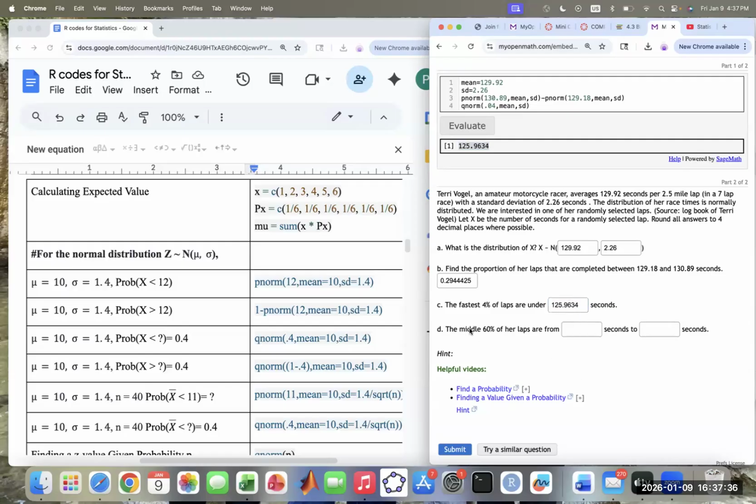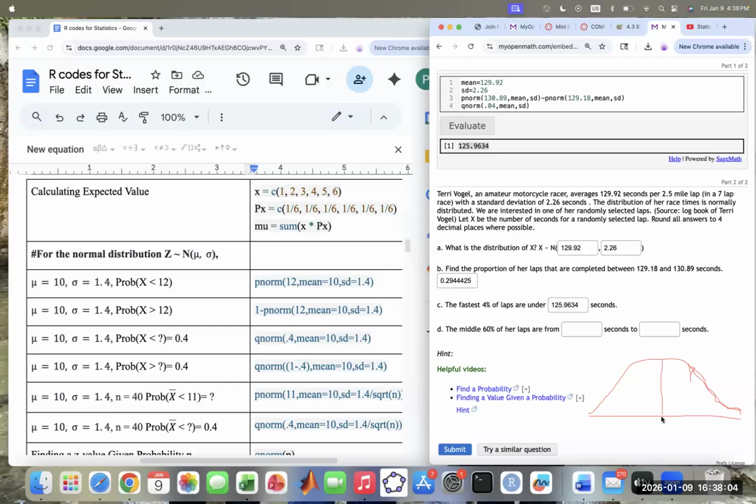Now this one here is something different, so let me draw it for you to see. My drawing is kind of messy, but here is the normal distribution, and here is the mean.